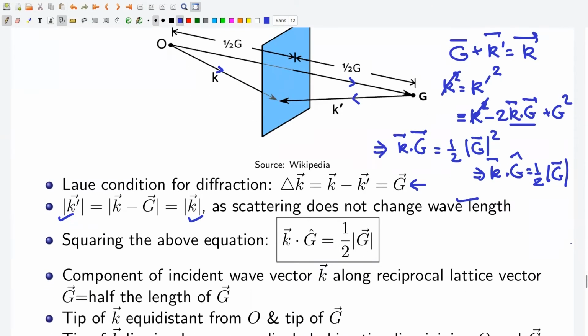So the Laue condition is given by this; we are just rewriting the equation like this.